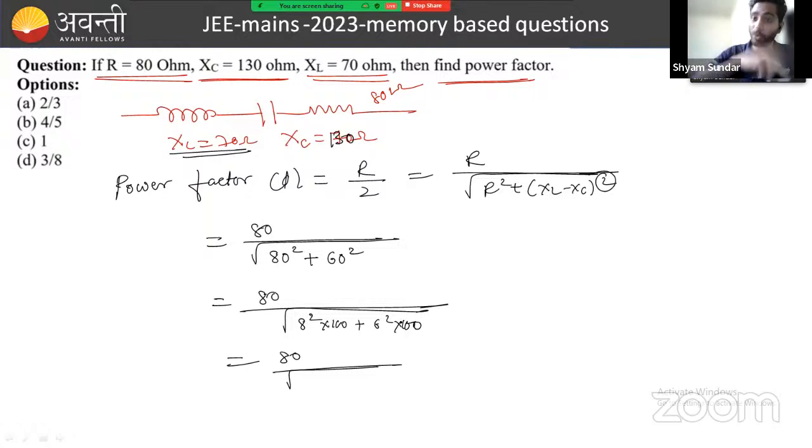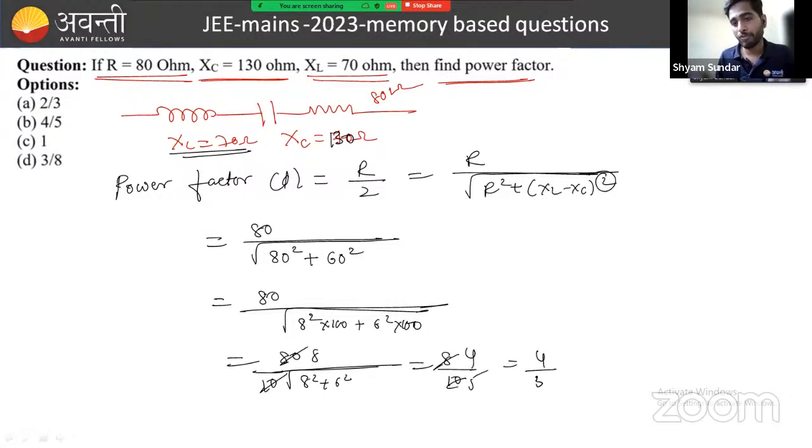If it comes out of the square root, 100 will become 10. The remaining thing will be 8 square plus 6 square. Ten ones are 10, ten eights are 80. Then it will be equal to 8 divided by the root of 8 square plus 6 square, which is nothing but 100. If it comes out of the root, again it will be 10. 2 fours are 8, 2 fives are 10. Then it will become 4 by 5.